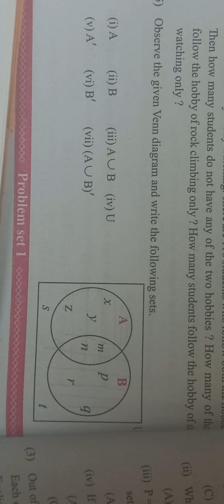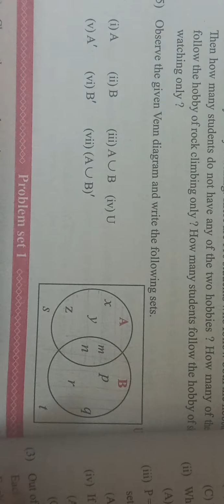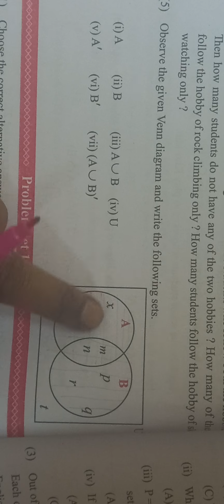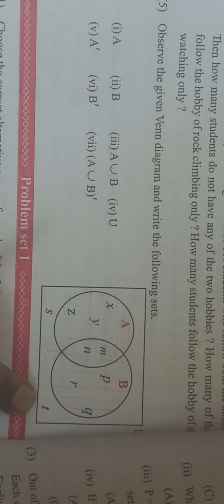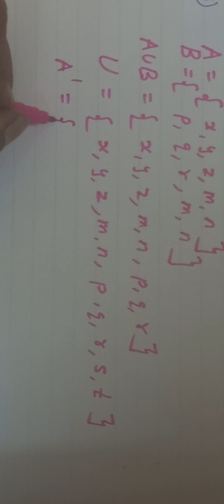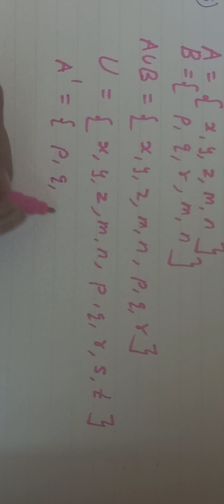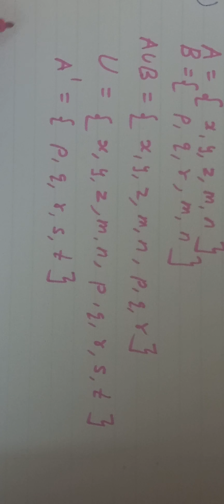That you should remember. But universal set means universe, the biggest set, so it will always be there. So excluding X, Y, Z, M, N, remaining all: P, Q, R, S, T. So A complement is equal to P, Q, R, S, T.